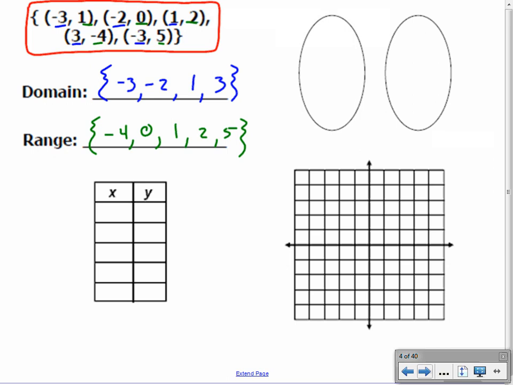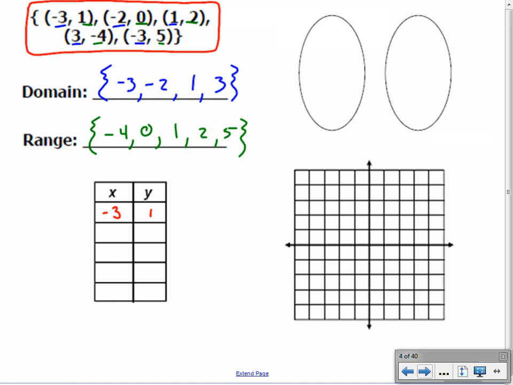So what we're going to do now is we're going to represent this relation in a couple different ways. Up here in the red box, I have it just as a set of ordered pairs, just listed out. But we can very easily take that and represent it as a table. In a table, each row represents an ordered pair. So if I had the point -3, 1, I'm going to split that up into the left column with the x value and put the y value in the right column.